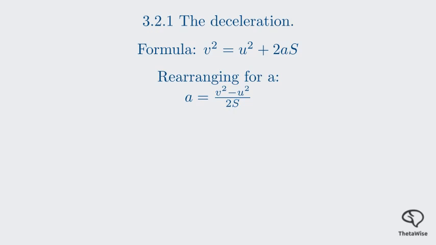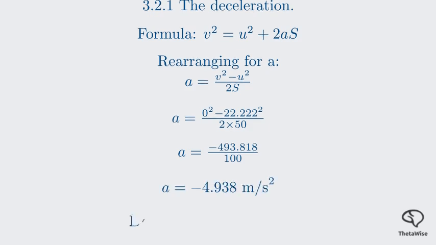Now we substitute our values into the rearranged formula. We have a equals, in the numerator, 0 squared minus 22.222 squared, and in the denominator 2 times 50. This simplifies to negative 493.818 divided by 100. The result is negative 4.938 meters per second squared. The negative sign is crucial here.